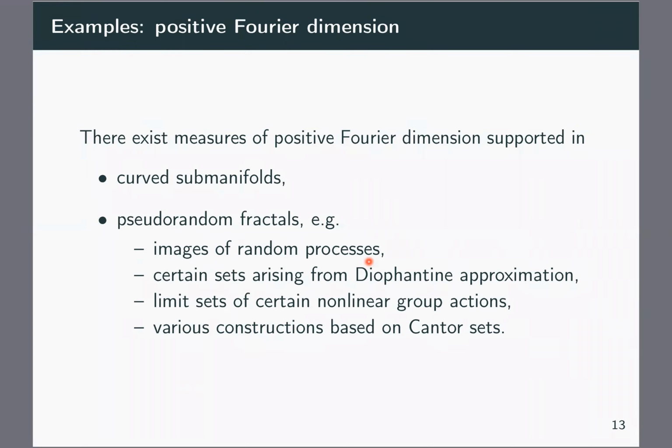There are examples from Diophantine approximation. For example, if you look at sets of well approximable numbers, natural measures on those sets do have Fourier decay, so have positive Fourier dimension. Also classically, the last point on the slide, there are various constructions based on Cantor sets that have various properties with regards to Fourier dimension. And a more recent topic is also that limit sets of certain nonlinear group actions can have positive Fourier decay.